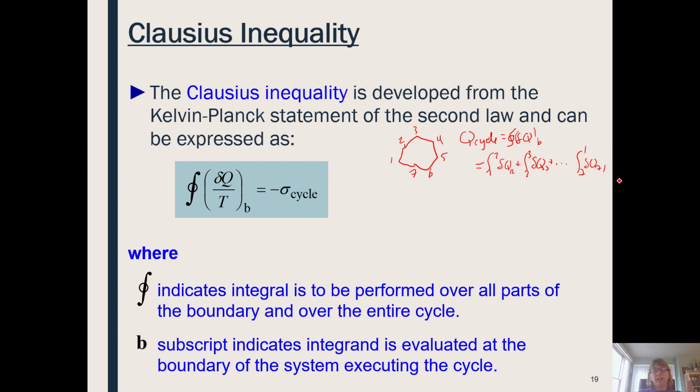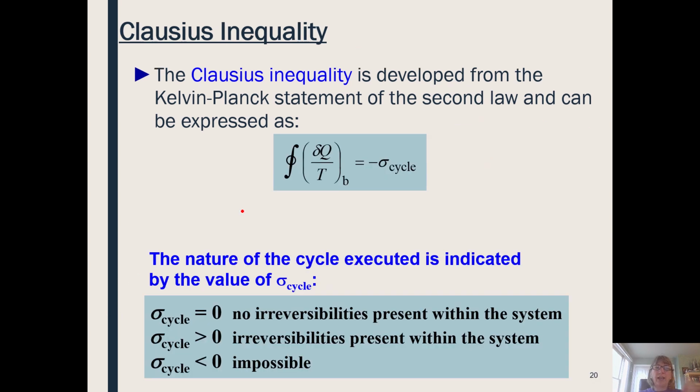So we're looking at the whole boundary for a particular cycle. That's what that integral with the circle means, the entire cycle, and B is for the boundary. So when we look at this Clausius inequality here, we're looking at the nature of the cycle.